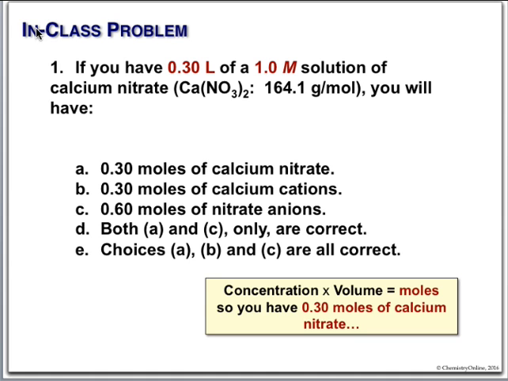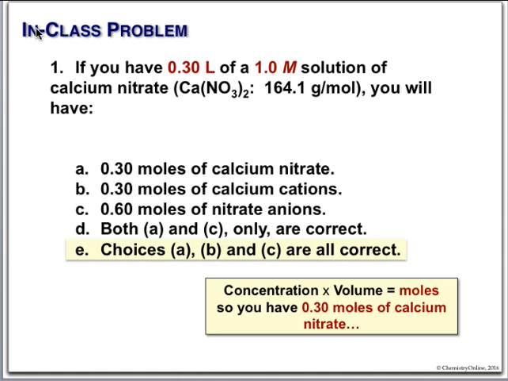So if we have 0.3 moles of this, we also have 0.3 moles of calcium cations. 0.6 moles of nitrate. Well, every calcium nitrate has 2 nitrates, doesn't it? So if we have 0.3 moles of this, we have 0.6 moles of the anion.